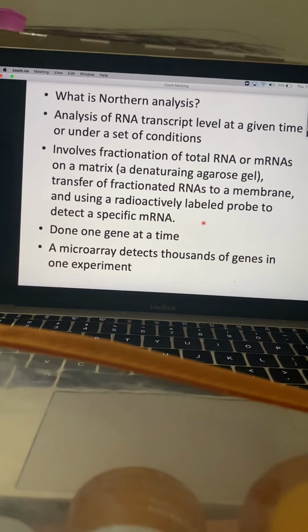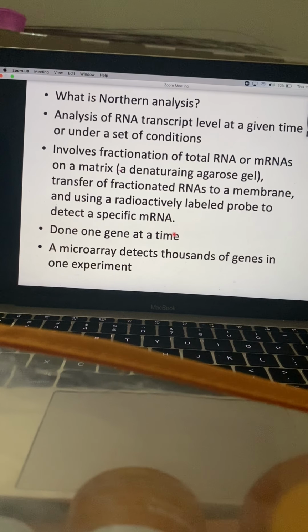This involves fractionation of total RNA or mRNAs, depending on what you're doing, on a matrix. Usually this is a denaturing agarose gel, sorry for the misspelling there. And then you transfer, I'll show you a diagram, the fractionated RNAs to a membrane, and then you use a radioactively labeled probe to detect a specific mRNA.